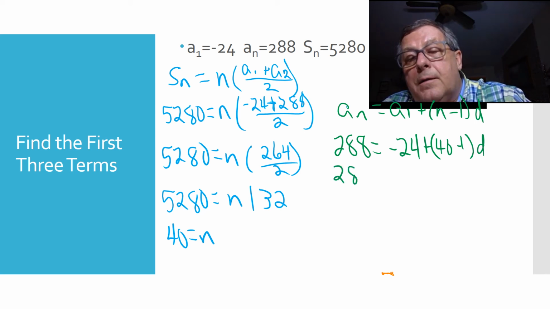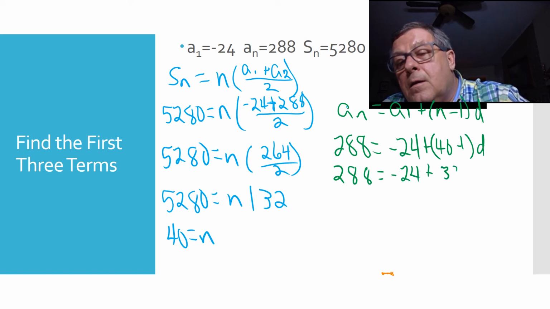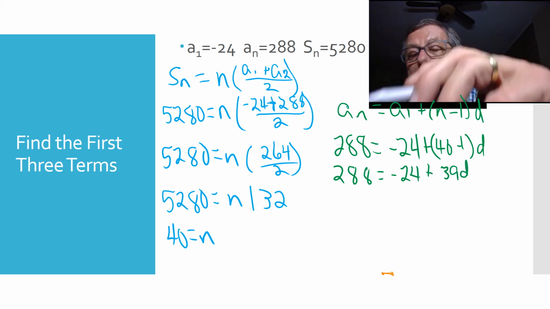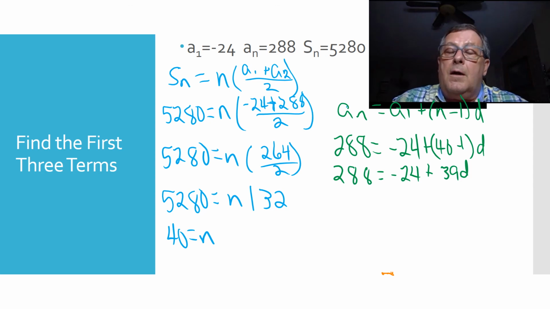And we've got 288 equals negative 24 plus 39d, 40 minus 1 is 39. I can get rid of that parentheses right there. So we're going to add 24 to both sides.